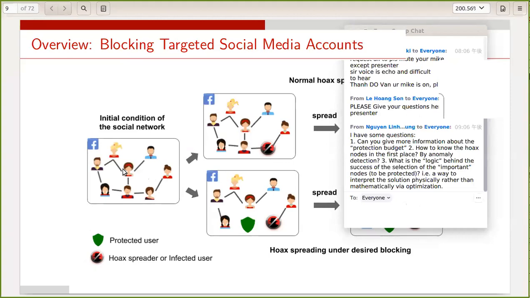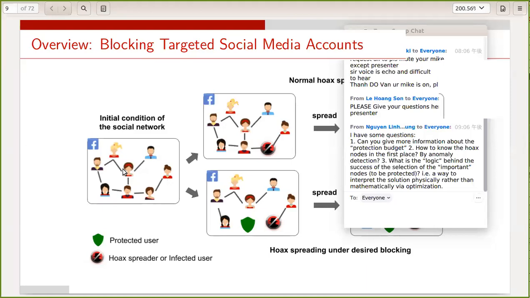For example, in Facebook, I don't know about Vietnam, but in Indonesia we have more than 100 million users. We cannot protect all of them, but we can protect maybe 1,000 or 2,000. So the protection budget is the number of users that we can protect at a moment.